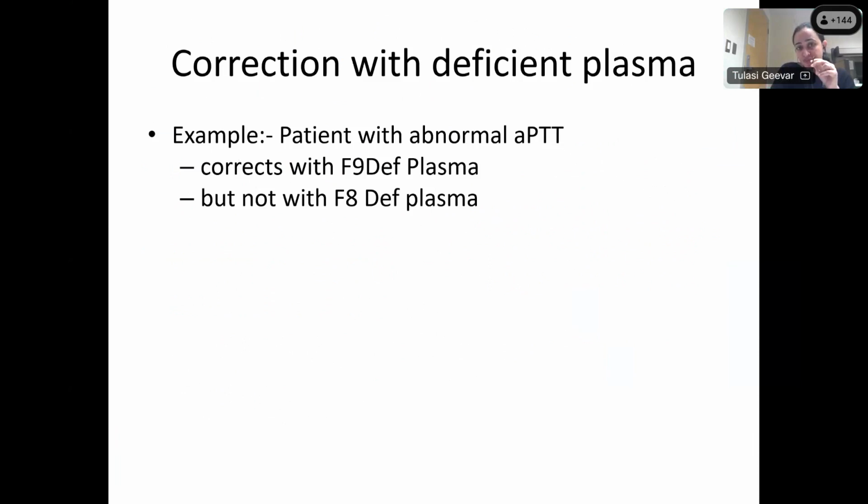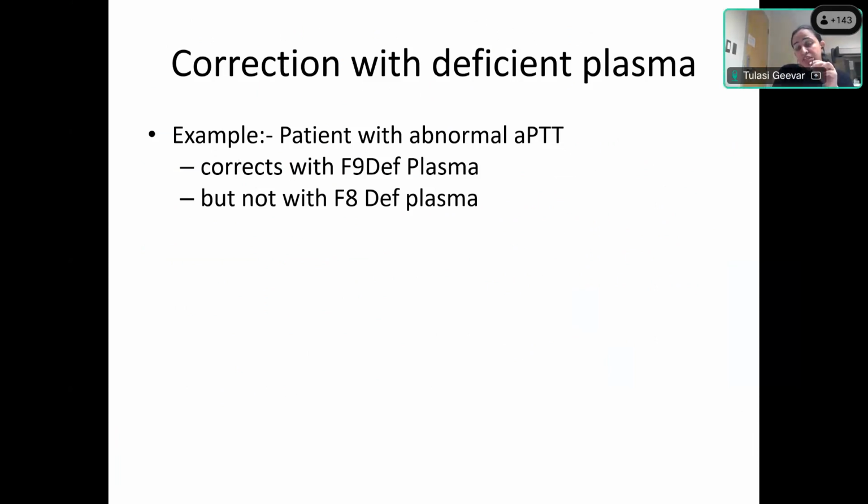If you have a patient with an abnormal APTT alone, and bleeding symptoms, you're thinking mostly in terms of a factor 8 or 9 deficiency. Suppose the patient's APTT corrects with 9 deficient plasma. Now, 9 deficient plasma has all the other factors normal except 9.